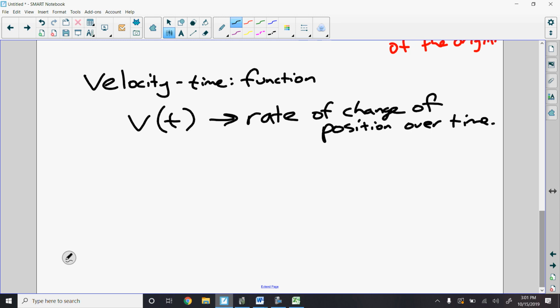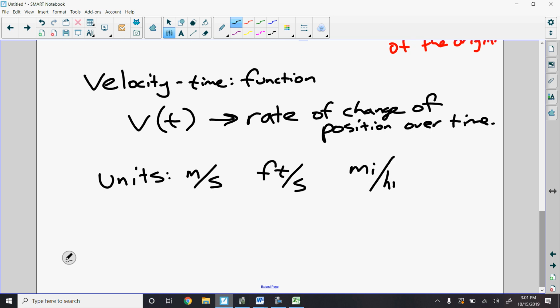For units, we might see meters per second, feet per second, miles per hour, or meters per minute. Any kind of distance divided by any kind of time is going to be a velocity unit.